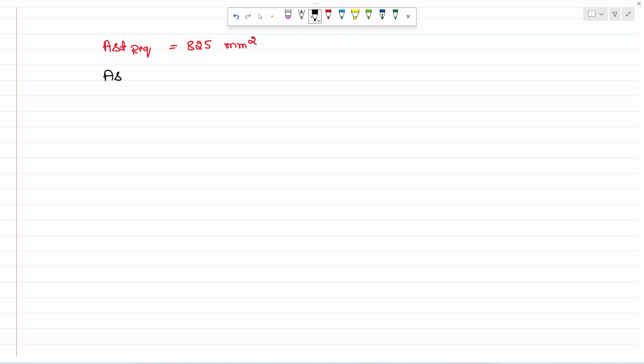So I will provide again 2 layers of reinforcement, 3 bars of 16 mm in first layer. In second layer, 2 bars of 12 mm dia.